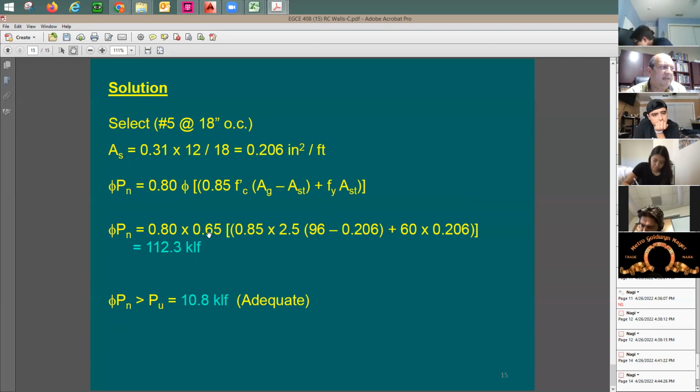I said here 0.8 times 0.65, the phi factor, 0.85, 2.5 ksi concrete strength, A_g 96 square inches minus 0.206, A_st, plus 60 ksi, this is going to be f_y times A_st. How many kips do I have here per foot? You say 112. Wow. Your demand is only 10. So this wall is strong enough.